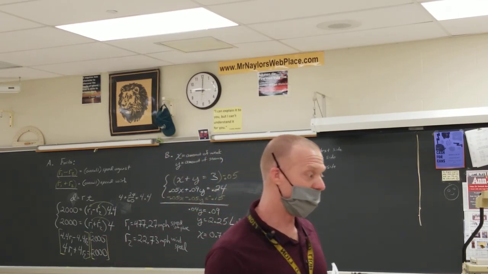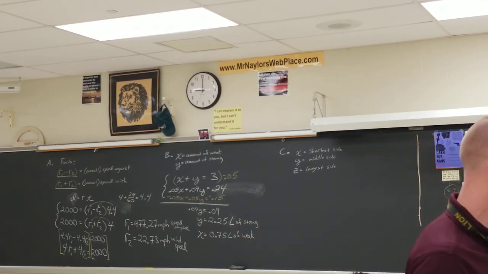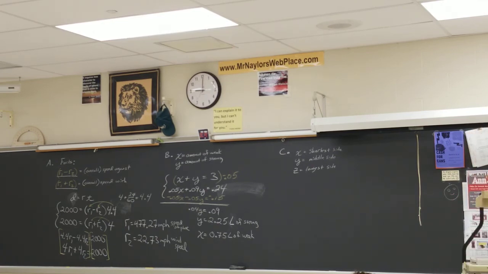Now, it matters which variable gets the number 3 when you say that the longest side is 3 times the shortest. So which variable are you putting a 3, or are you multiplying by 3?